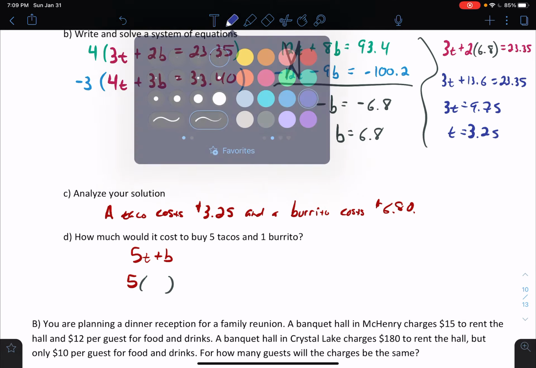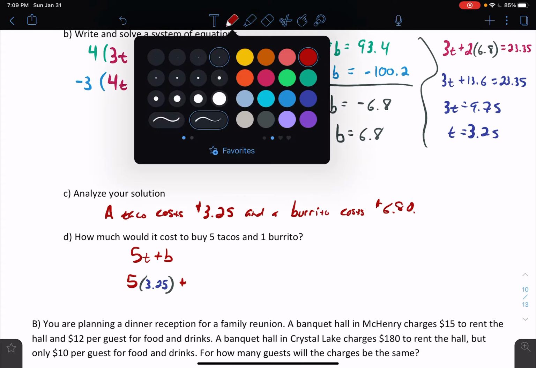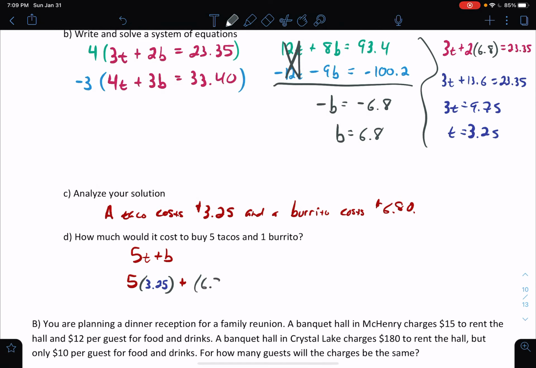T is 3.25 plus b, and that's where it's 6.8. So if I simplify this using my calculator, I would get $23.05. So it would cost $23.05. My 3's are off on this app.